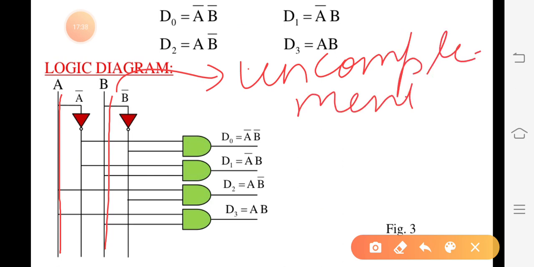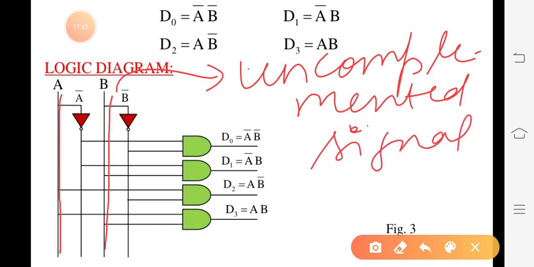Uncomplemented signal, that means without bar, and this one A bar and B bar, these are known as complemented signals. We are using complement, that's why this is known as complemented signal. So here to represent negation, that means to produce the inverted form of the signal, we are using a NOT gate. Look at here, NOT gate, okay, for 0 value.